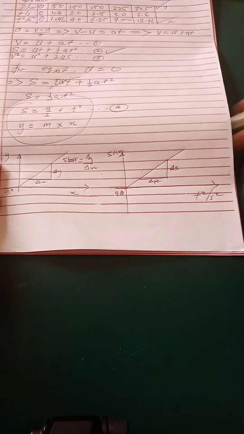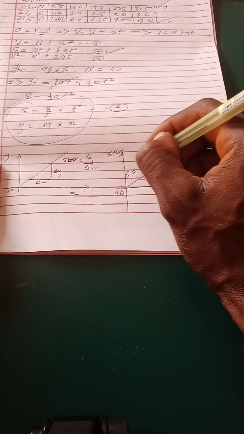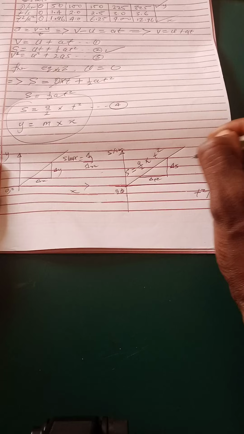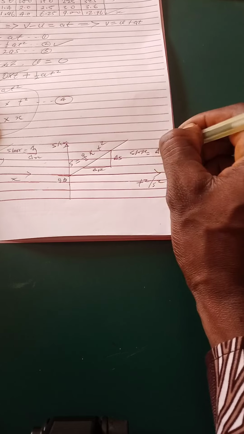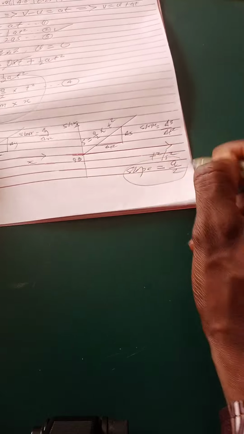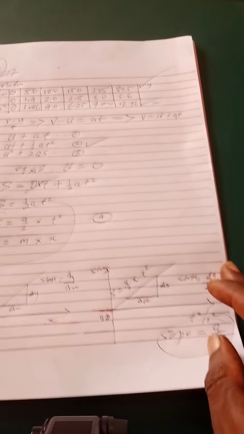So this is the equation for this graph. You have S is equal to a over 2 times t squared. So the slope of this graph will be change in S over change in t squared. So the slope of this graph is the same thing as what? Acceleration over 2. Slope is acceleration over 2.